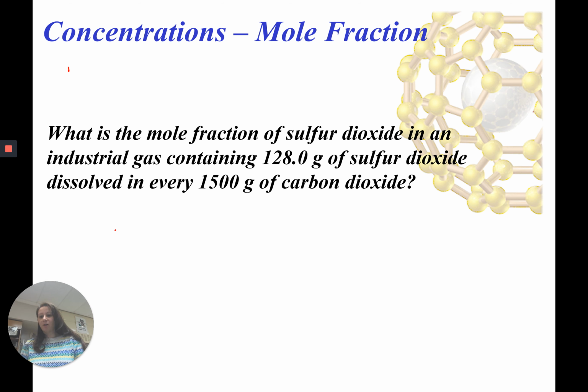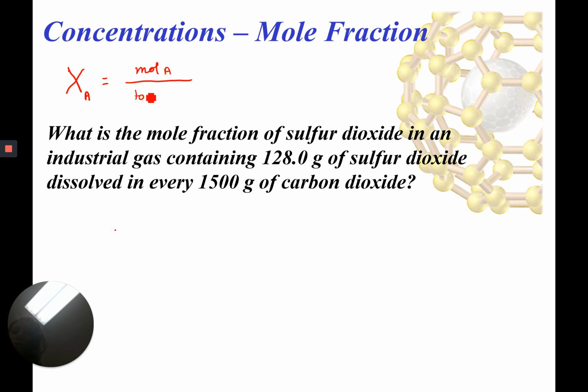And the last way we're going to learn about today for expressing concentration is called mole fraction. Mole fraction gets the symbol X, capital X. And mole fraction is usually for the solute, but you can get it for the solvent as well. So I'm going to say mole fraction of substance A is going to be moles of A over total moles.